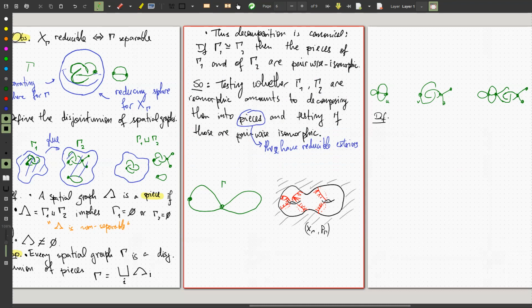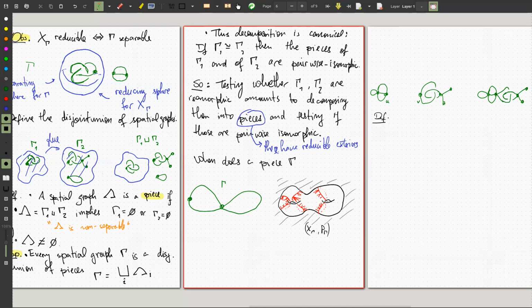So that's somehow the first part of solving the Haken problem. Now let's get to the interesting bit, and we have to ask the question: when does a piece gamma have boundary reducible marked exterior?